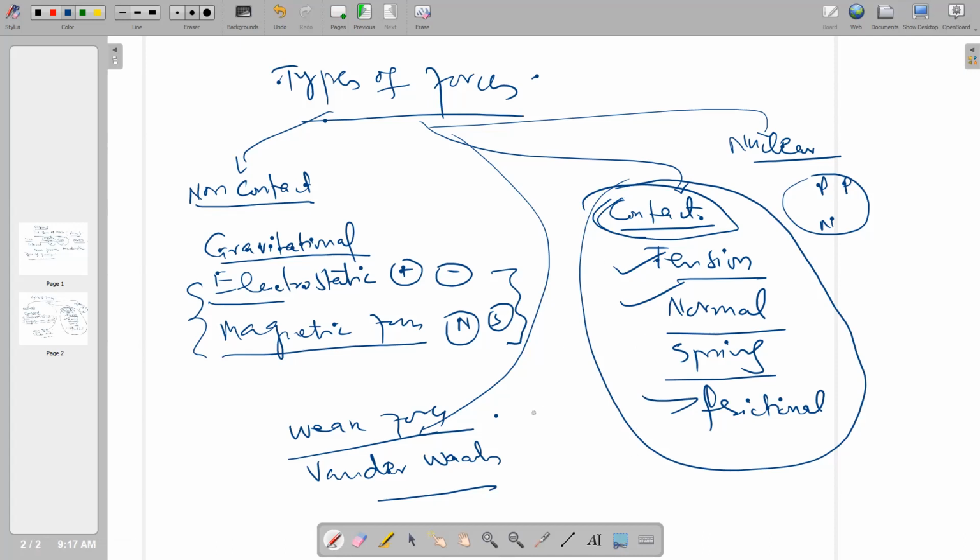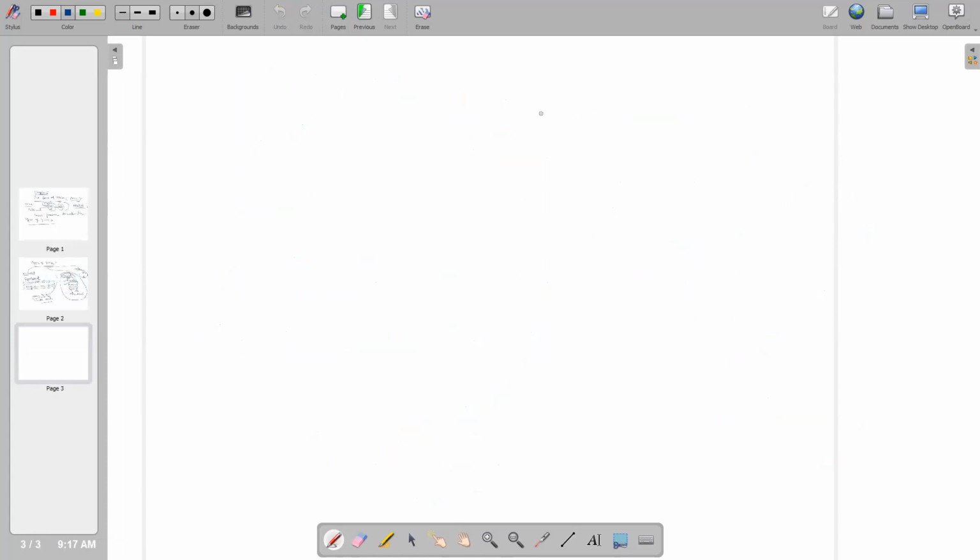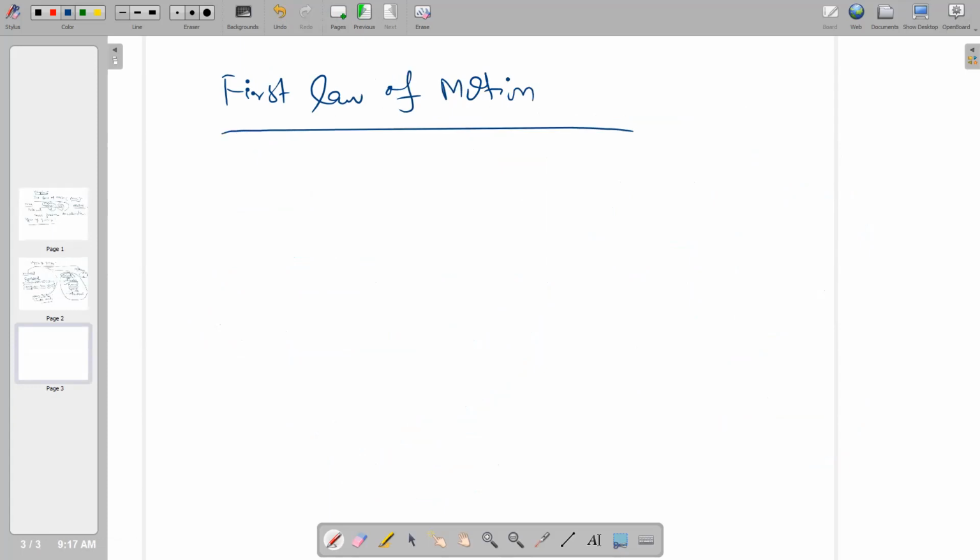Okay. After this, the first law of motion. Newton gave these laws in the 1800s.